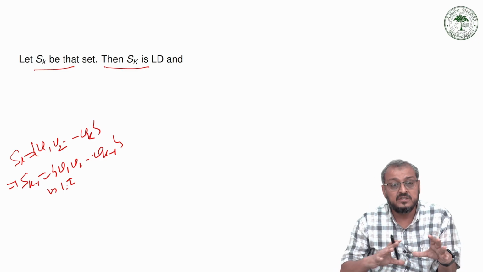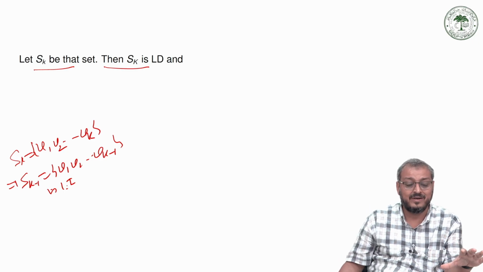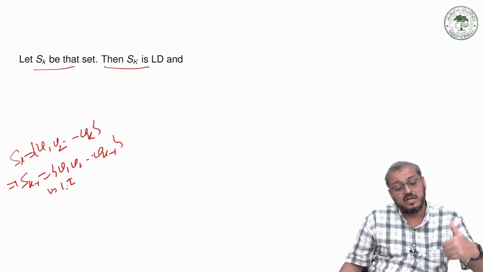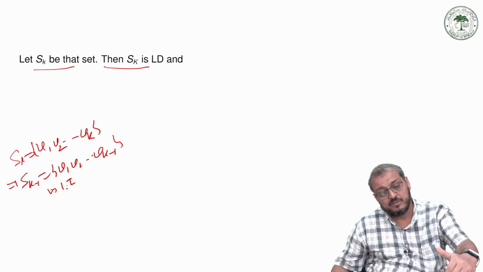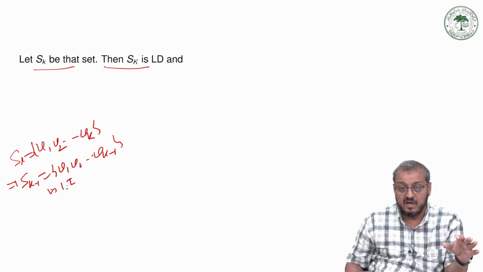Because we chose the first linearly dependent set Sk, all the previous sets, S(k-1), S(k-2), and so on, are linearly independent.